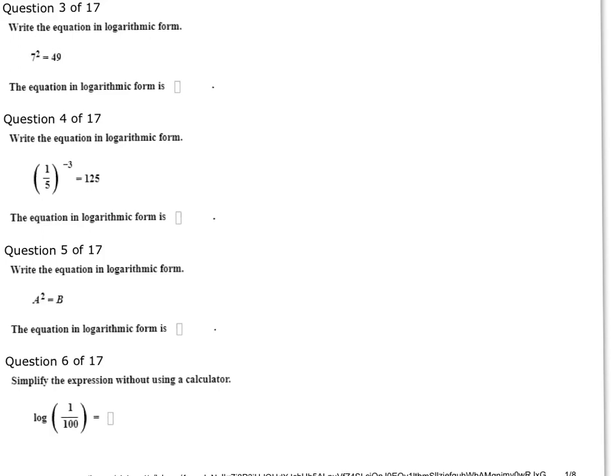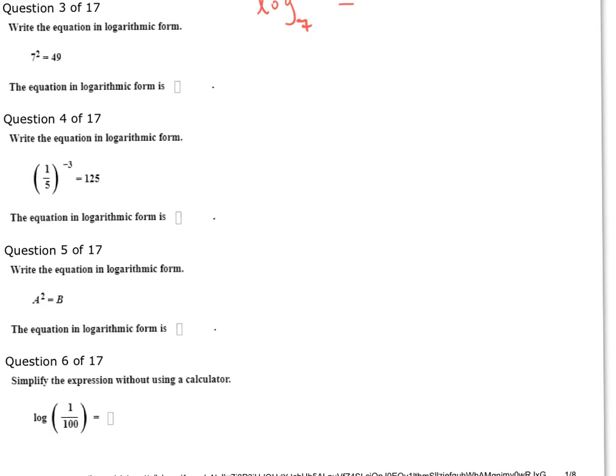And now for number 3, notice what they want. They give you exponential form, but now they want logarithmic form. So for logarithmic form, again, we write log. We want to identify the base. The base is 7. And then it's always equal to the exponent.